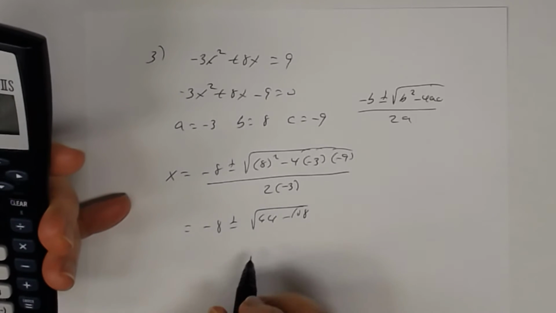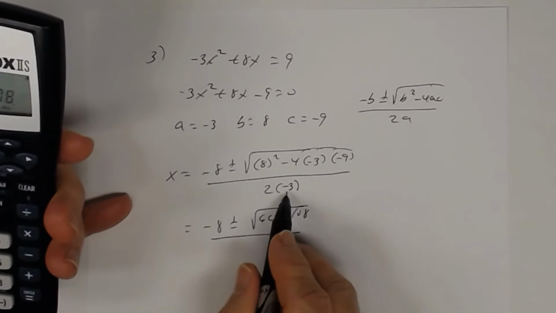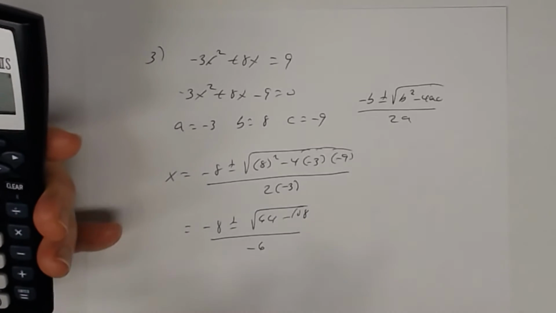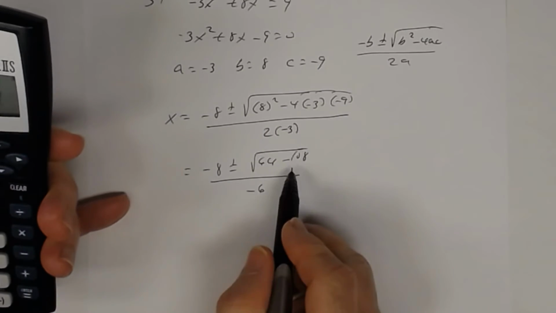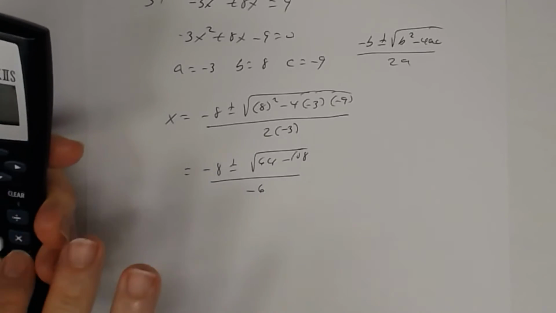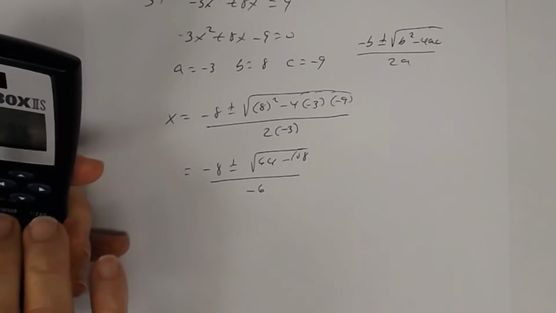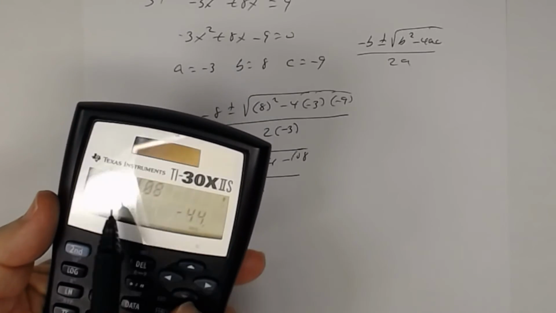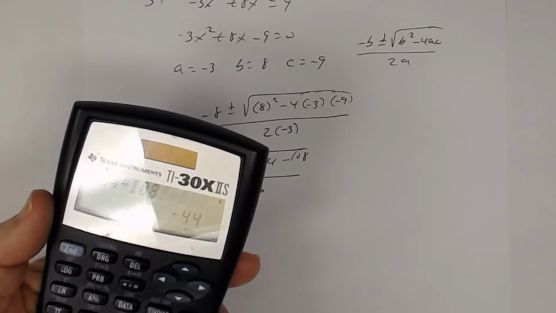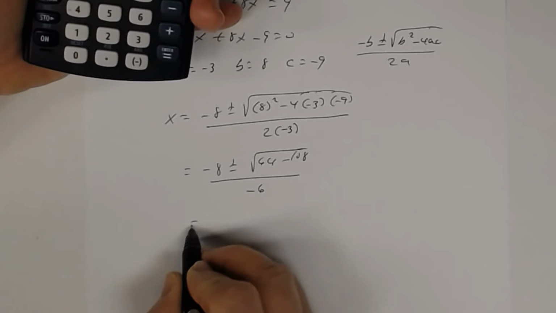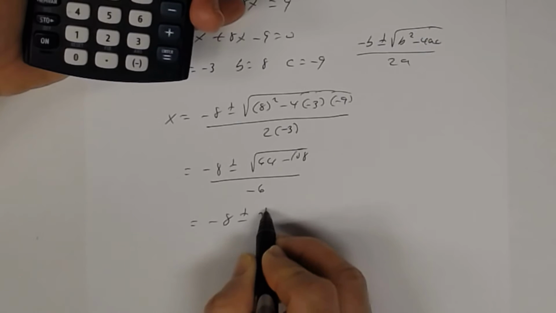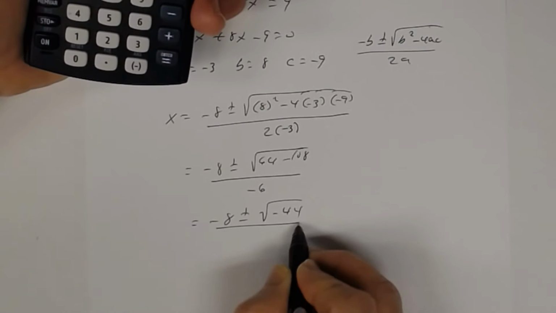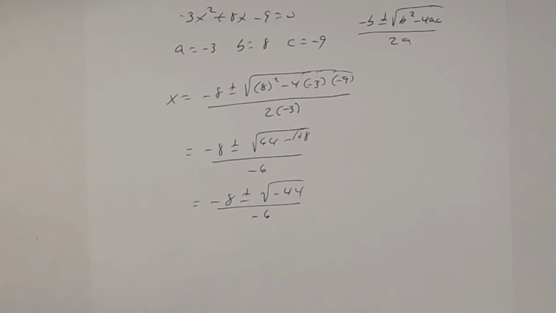So I get 108 here, all divided by 2 times negative 3, which is negative 6. So 64 minus 108 equals negative 44. So I get negative 8 plus or minus the square root of negative 44, divided by negative 6.